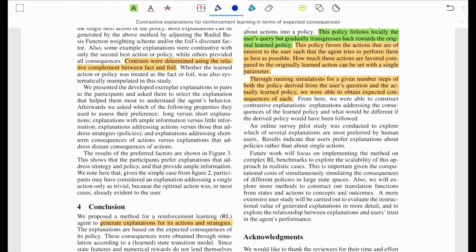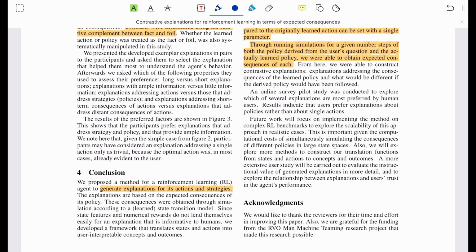Now, they not only explain the agent behavior, but they do so in terms of human understandable terminologies, which they follow from the Hayes and Shah paper. Finally, a really good thing about this paper is that they can handle partial plans, and when the query is over a single action or multiple actions.